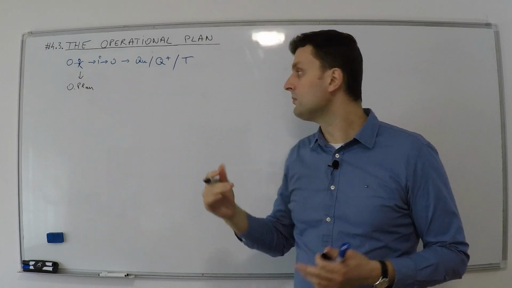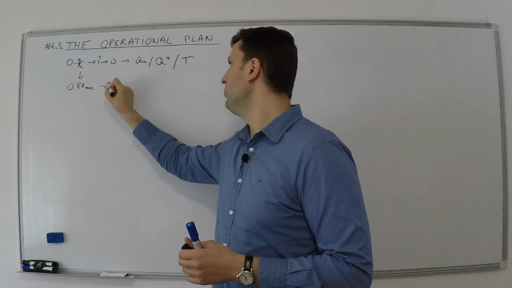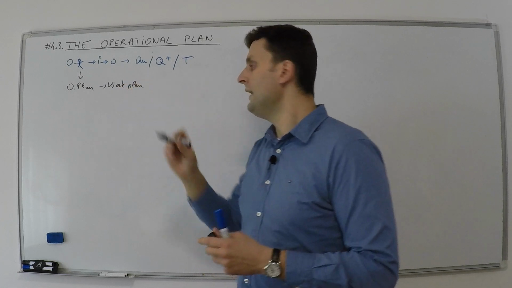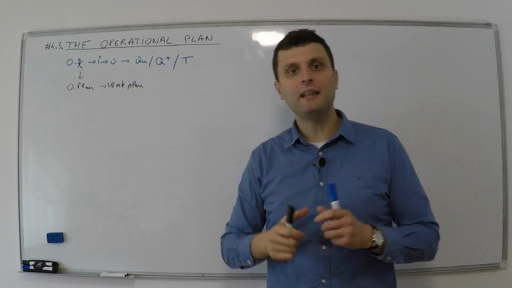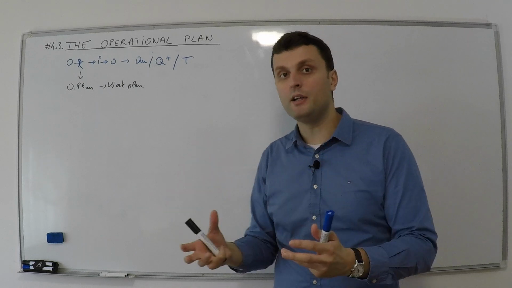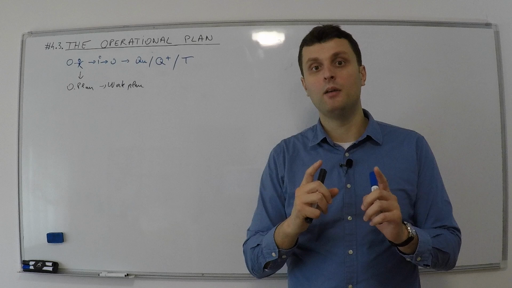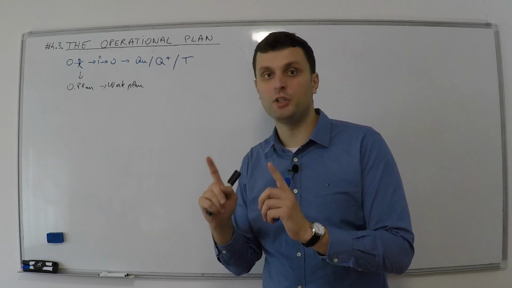Now, the operational plan must be seen as a work plan. And it includes everything that a business requires in order to function properly, but most importantly, to function efficiently.